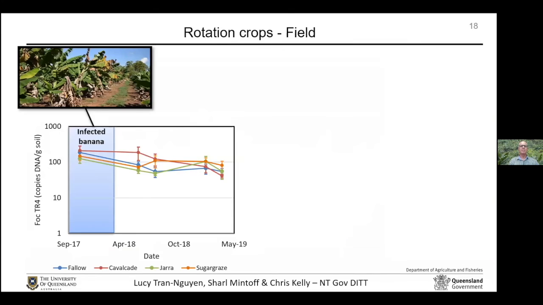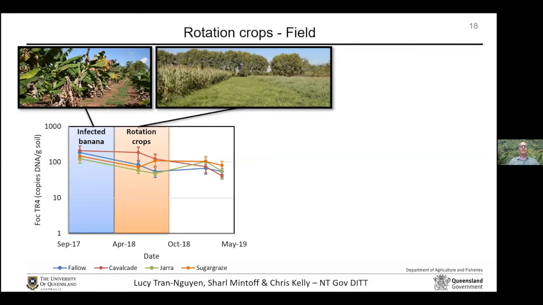In a field experiment done in the Northern Territory by Charles Mintoff and Lucy Tran Wynn and her team, they looked at infected bananas over a number of seasons through a whole cropping cycle. They started off with an infected crop and measured the amount of TR4 DNA in the soil through the whole cropping cycle.